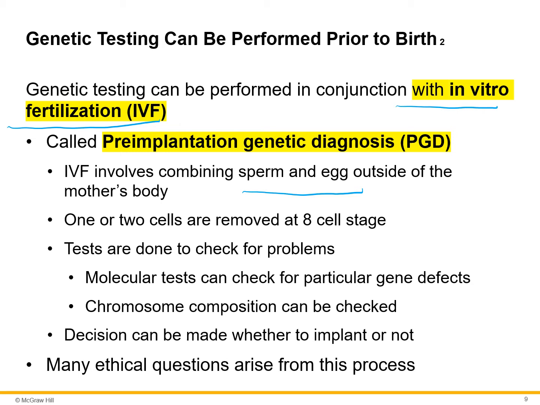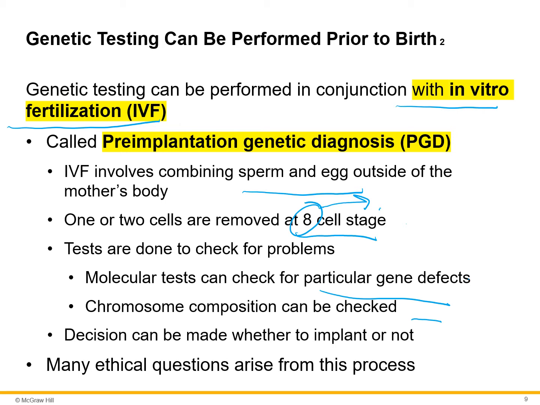And then when the fertilized egg has divided a few times and is at the 8-cell stage, you can remove 1 or 2 cells from the embryo at that stage, and it is not harmful to the embryo. And so you can screen those cells for genetic defects and determine whether or not that particular embryo has a particular genetic defect.